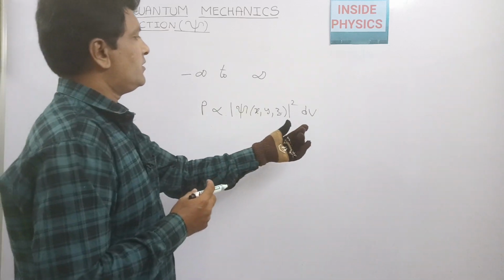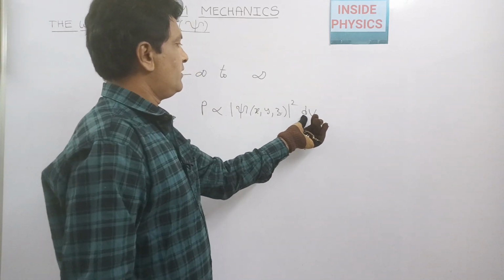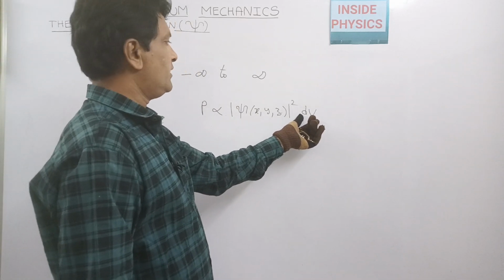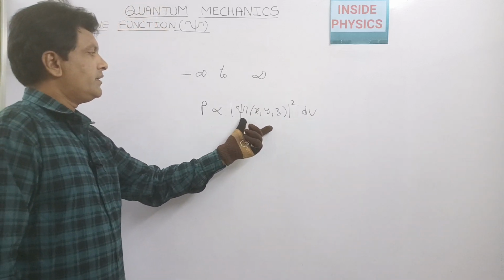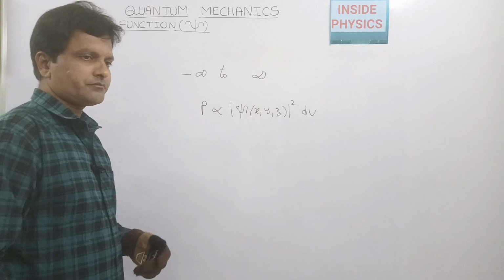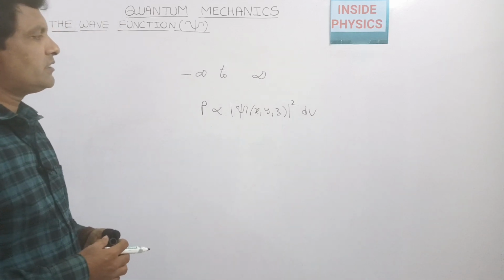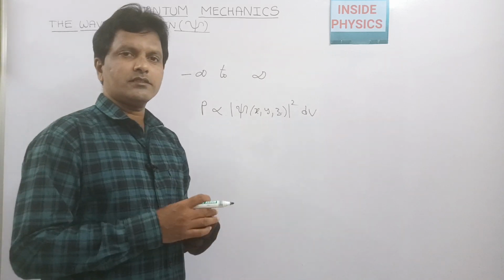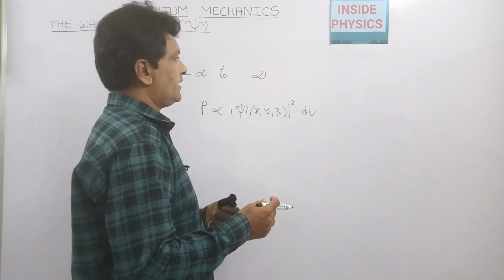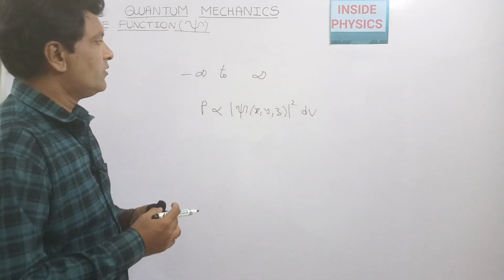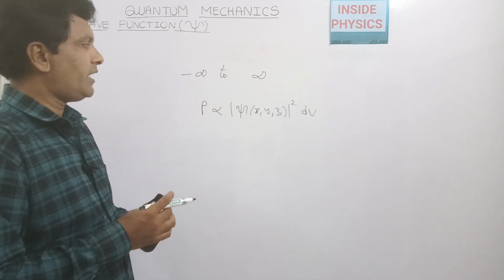Here dv is a small space in which we can find the particle, and x y z are the coordinates of the function psi. Psi is a function dependent on position and time. In the next condition we will also include the time aspect.